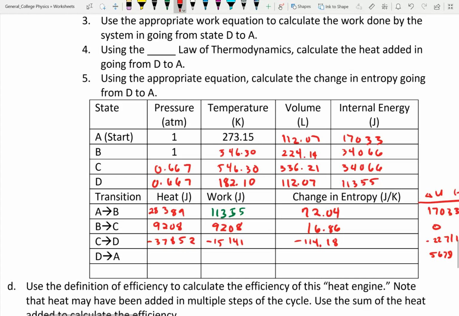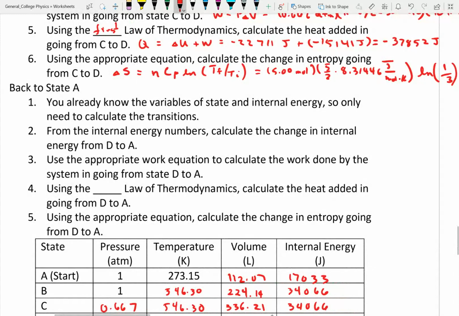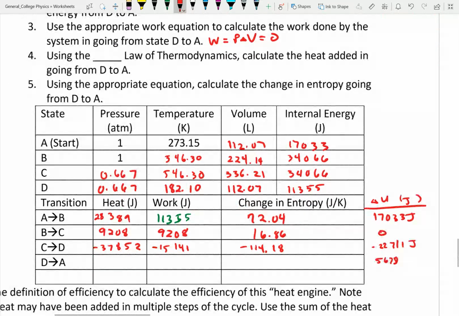Now we need to calculate the work and the heat. Calculate the change in internal energy, we just did that. Use the appropriate work equation to calculate the work. Work is equal to P delta V equals 0 for an isochore, so that's real trivial. Then use the first law of thermodynamics to calculate the heat.